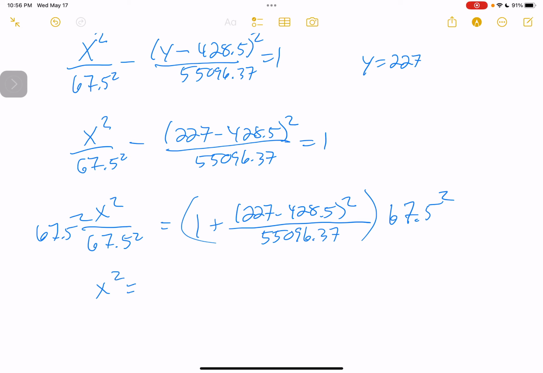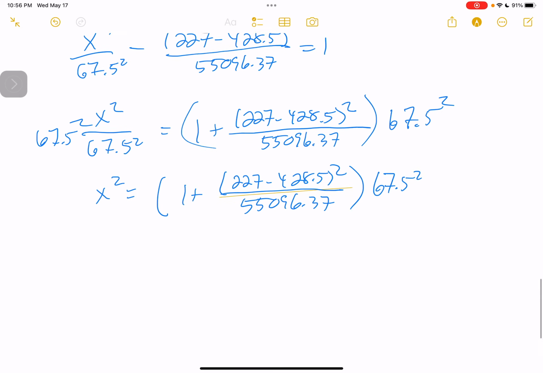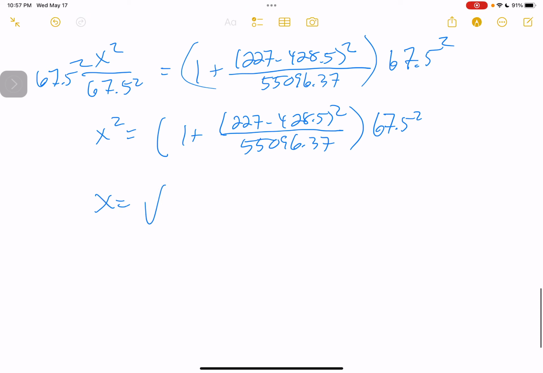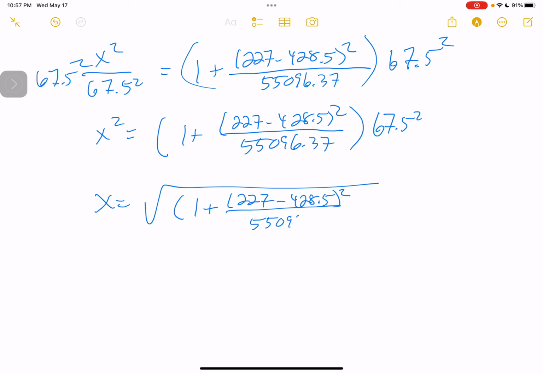So x squared is going to be 1 plus 227 minus 428.5 squared over 55,096.37, times 67.5 squared. So x will be the square root of all this.